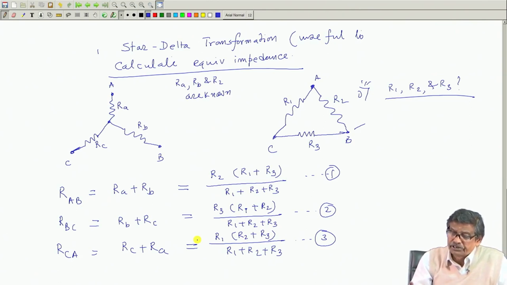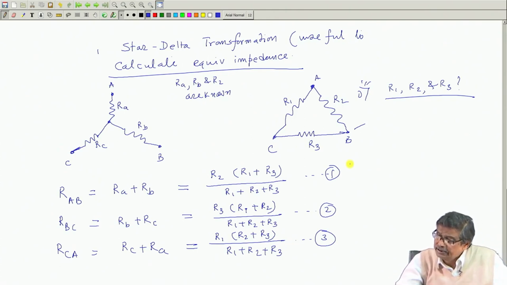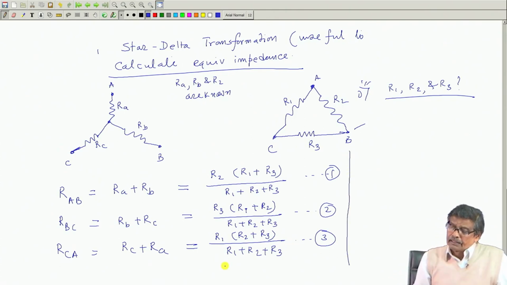So, I have got three equations, RA, RB, RC are known, and here are R1, R2, R3. So, I will be able to solve it, but a nice way to do it is this way.